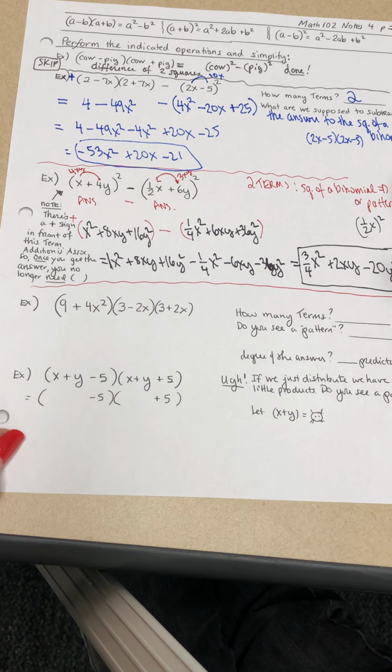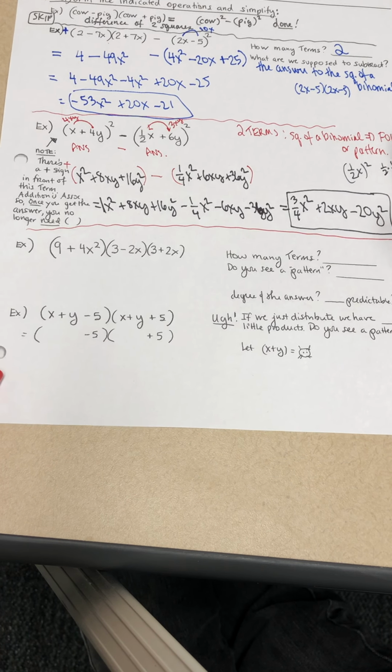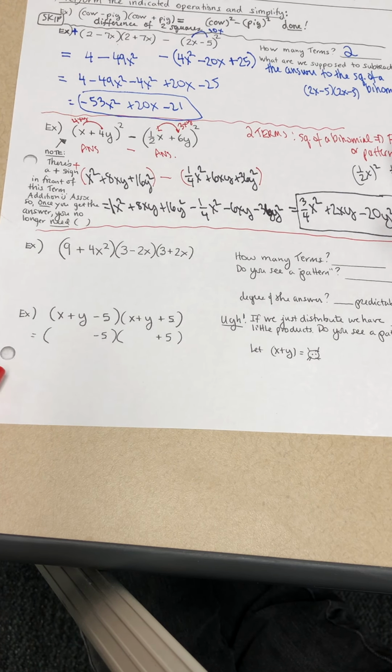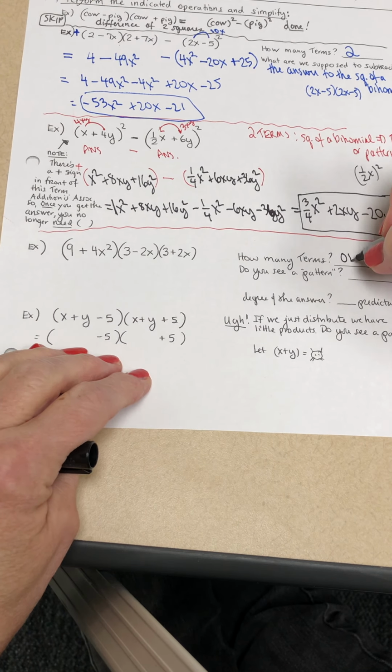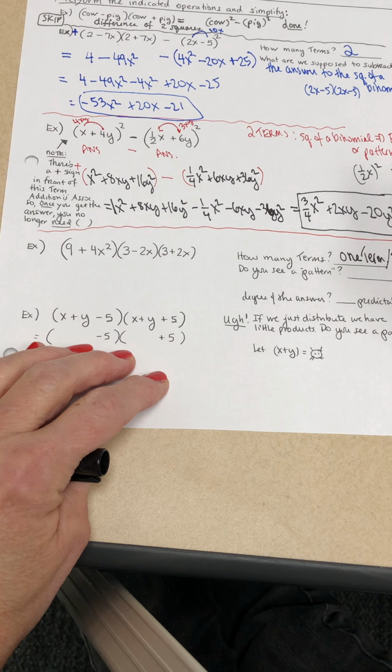So let's try another problem. So when you're asked to multiply things out, simplify things, always recognize how many terms are we looking at? It's all one term. It has 3 factors in that term.